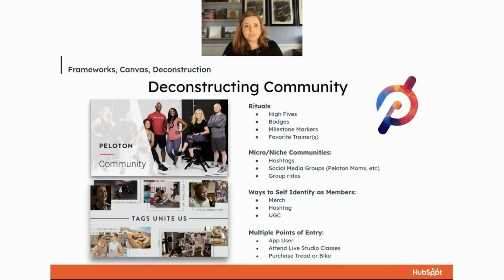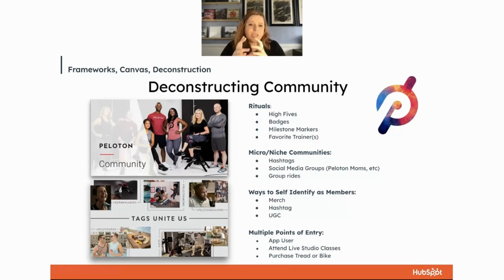The positive voice that continued to echo through the whole thing were the Peloton community members. They are aware of what happened. They saw the news reports like everybody else, but because of the community, because of those connections they've made, because of the way that the community has been there for them, they have no problem stepping up and defending them.